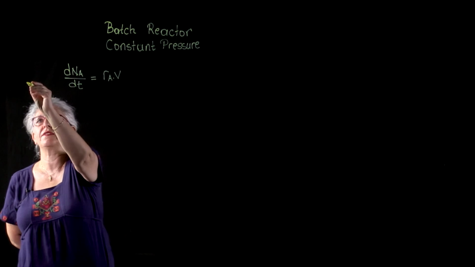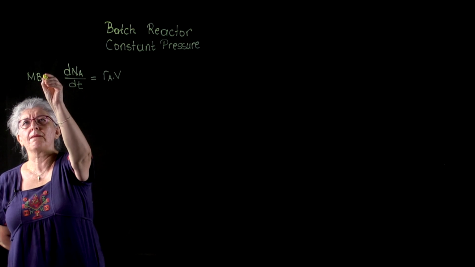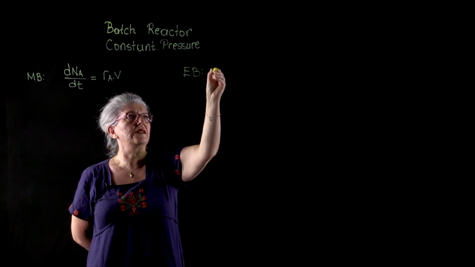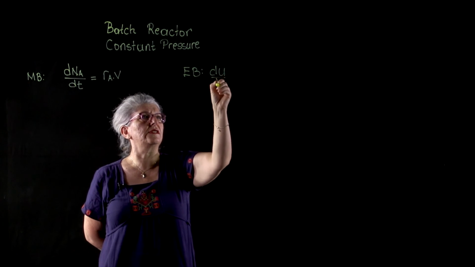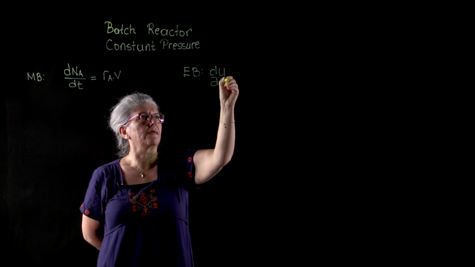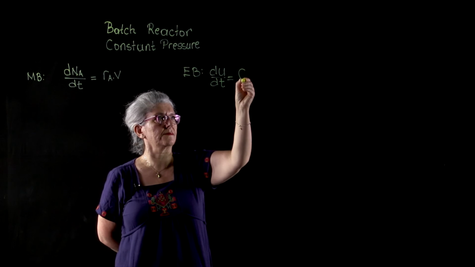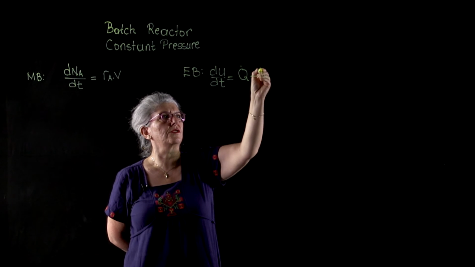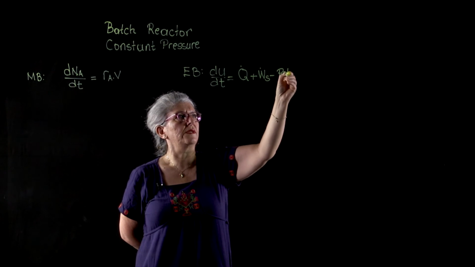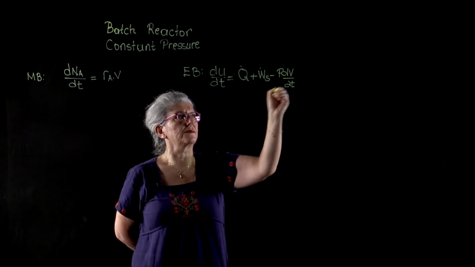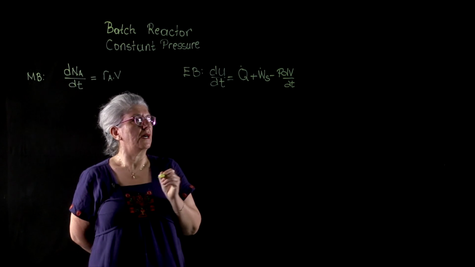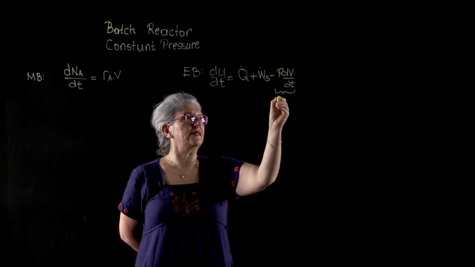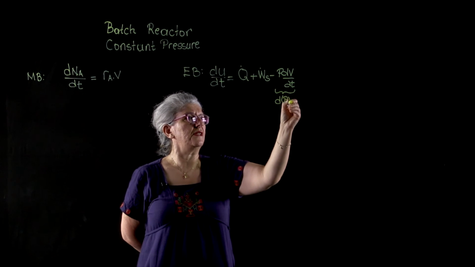So here on this side we have a material balance. And the energy balance for a batch reactor is dU over dt, that is equal to net heat exchange, shaft work, and PdV over dt. Under constant pressure conditions, we can write this as dPV over dt.